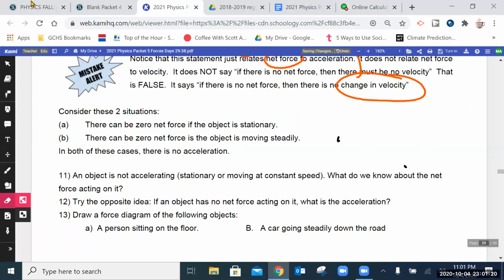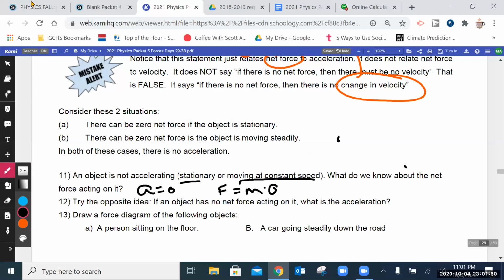Number 11, an object is not accelerating. So that means it's either stationary or maybe it's moving at constant speed. We don't know which. We just know that it's not accelerating. What do we know about the net forces on it? If a is 0, then to find the force, we multiply the mass times the acceleration, which is 0.